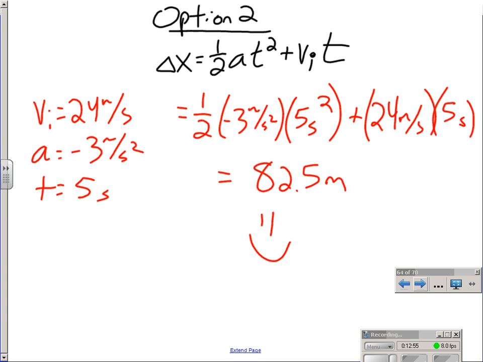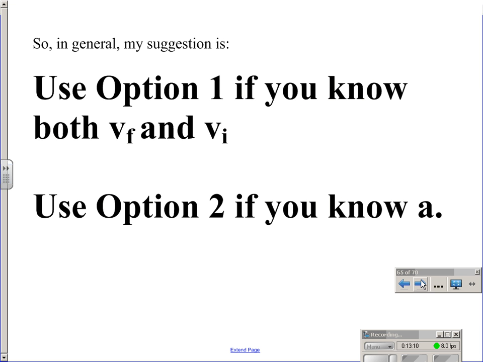So last thing we need to talk about then is how do you know which one to use? Honestly, it sort of depends on what you're given. I have people who use this one all the time, and I've seen people use option 1 all the time. It's sort of whatever you're more comfortable with, but what I do is this. If I know both VF and VI, I use option 1.